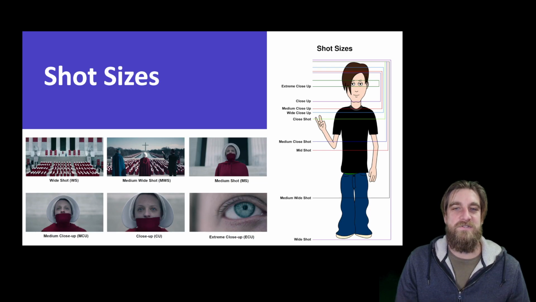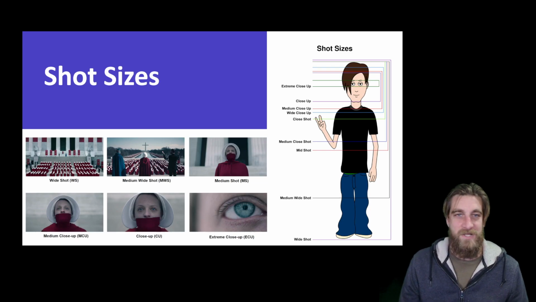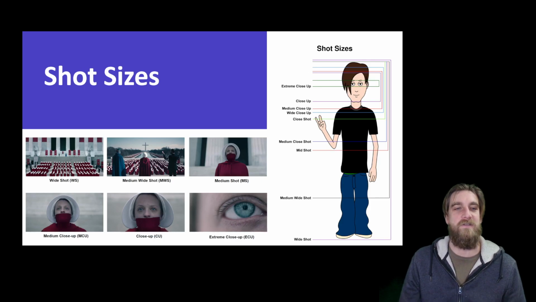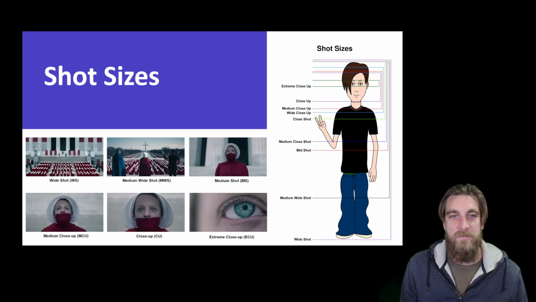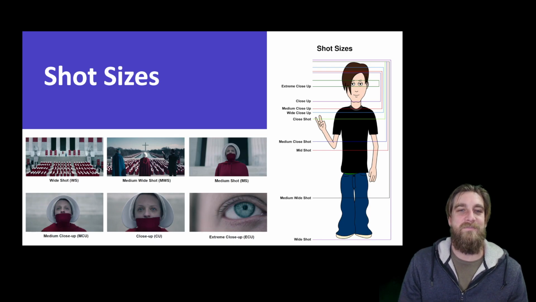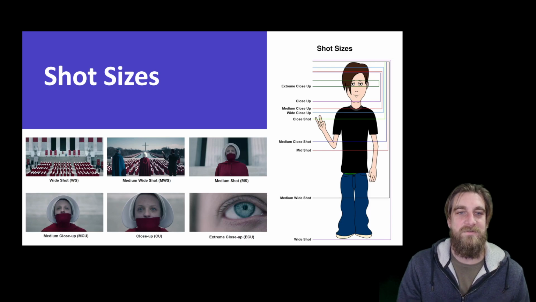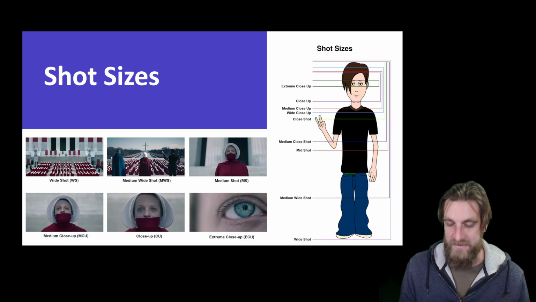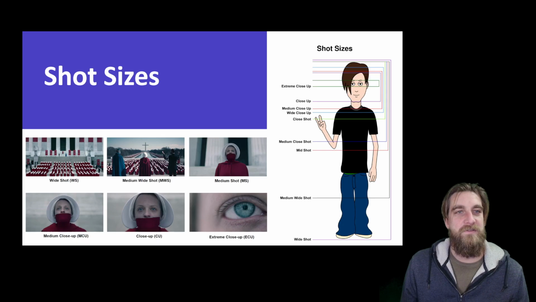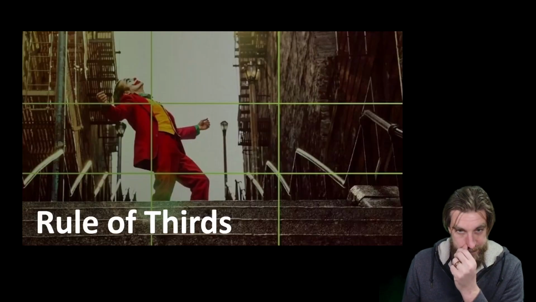But also we need to understand how we can intentionally use those shot sizes to make interesting and engaging content, as opposed to having medium close-ups for everything all the time. You're going to take the same sequence, the same actual footage, the same stuff that you're filming, and use a combination of all these different shot sizes to make an immersive experience that your audience can be engaged in. So understanding those different shot sizes, being able to communicate them, and being able to execute them and arrange them in an interesting way is going to greatly benefit your video productions.